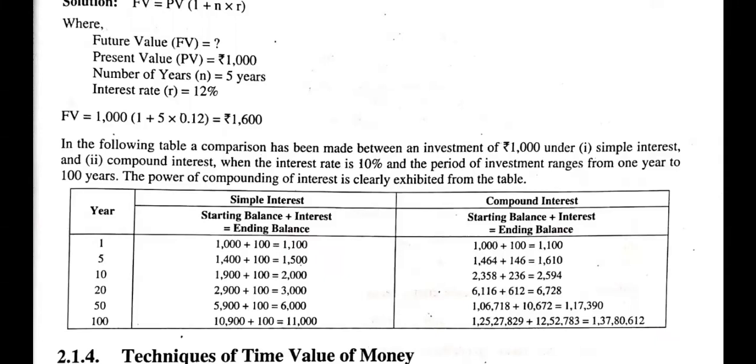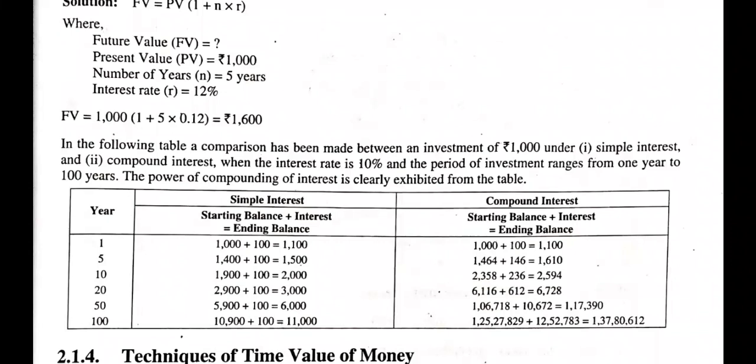Similarly, third year on 1210, you will find out 10%. Likewise, up to 5 years, 4 years you will do. Then the interest you get by the fifth year is 146. Now 1464 plus 146 on this 10%, so that value will get 1610.